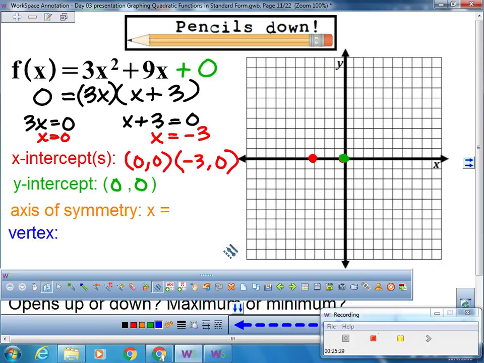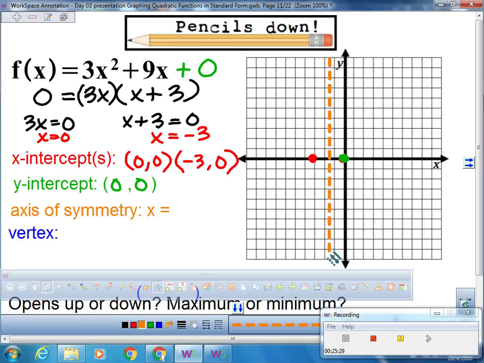And of course, I don't like the way this one started. So yes, when we go in here, it'd be negative 1.5.